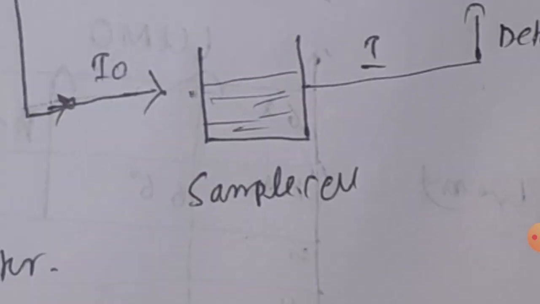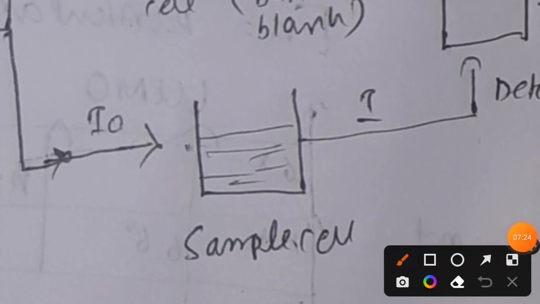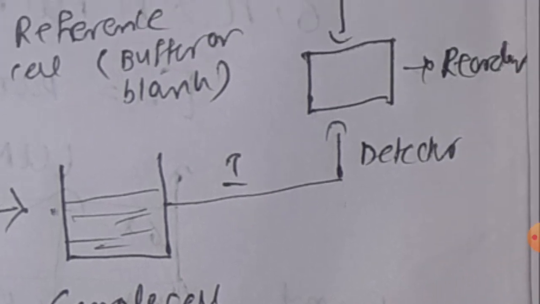But in case of the sample cell, the picture will be different, because the sample cell contains the sample of our interest, right? So here we are referring to the transmitted light as I. Okay, that is obviously smaller than I0, because it contains less radiation, right?